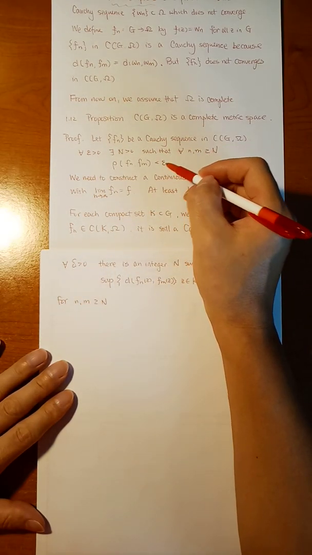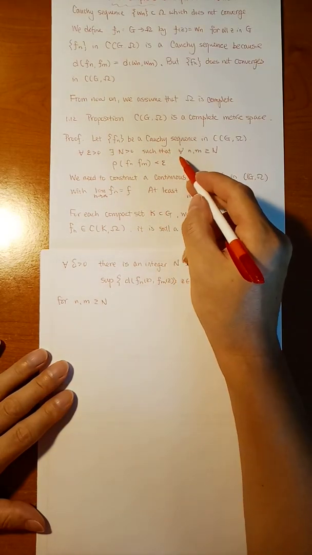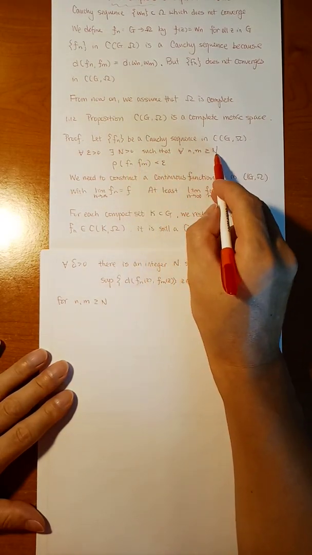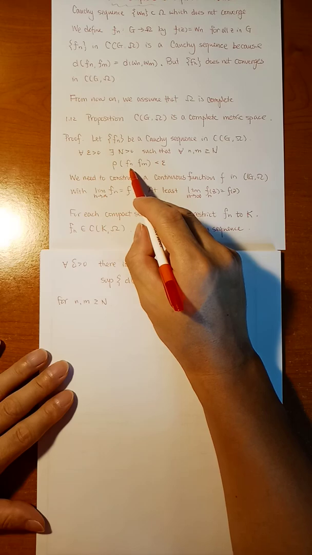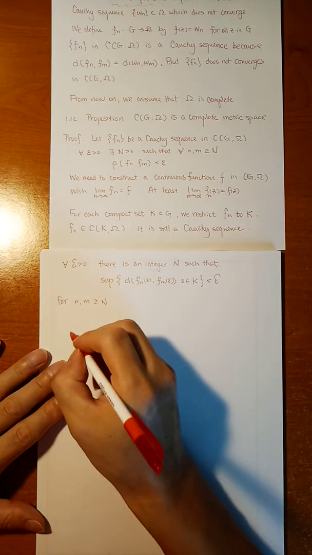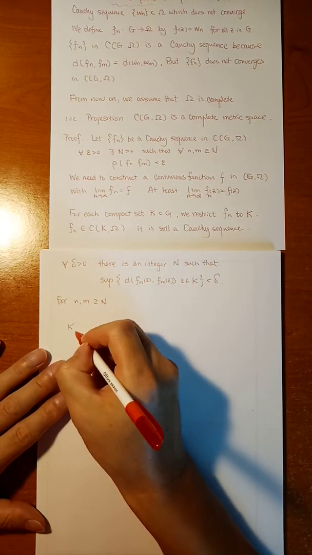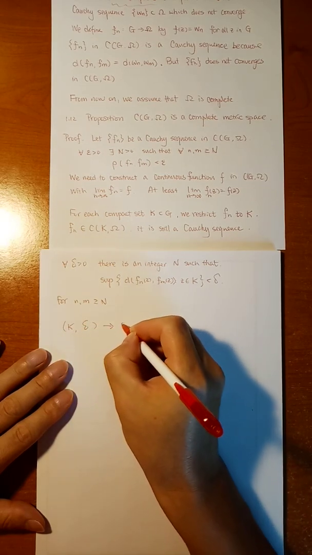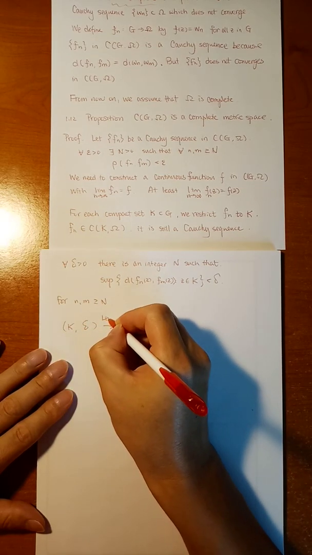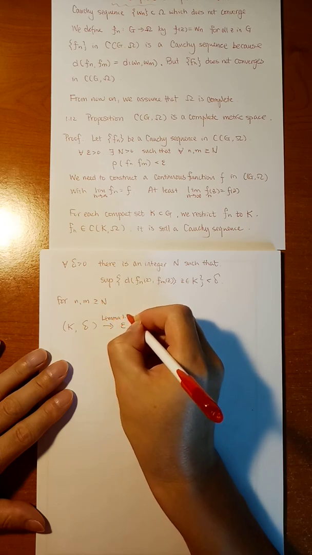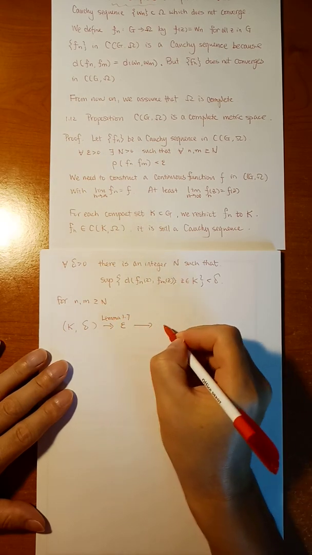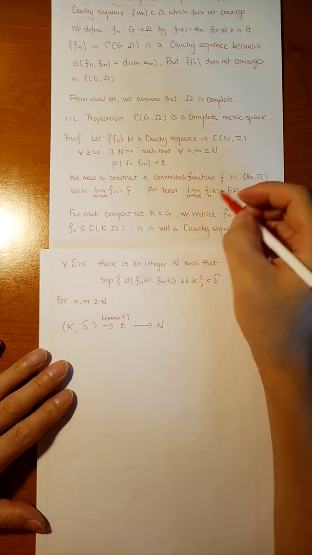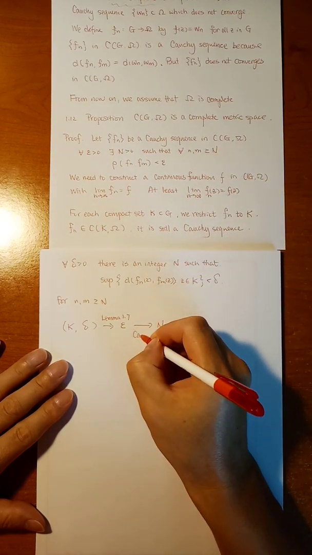For the epsilon, you can find a capital N, so that when n, m are greater than N, the distance between f_n and f_m is small. So from K and delta, you get epsilon; this is lemma 1.7. From epsilon, you find the capital N; this is done by the definition of Cauchy sequence.